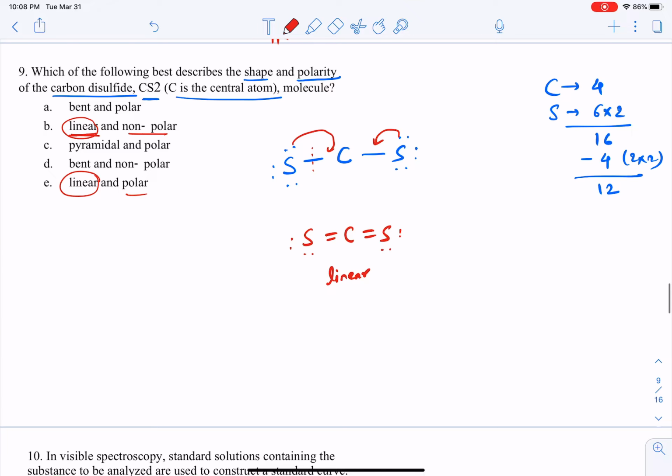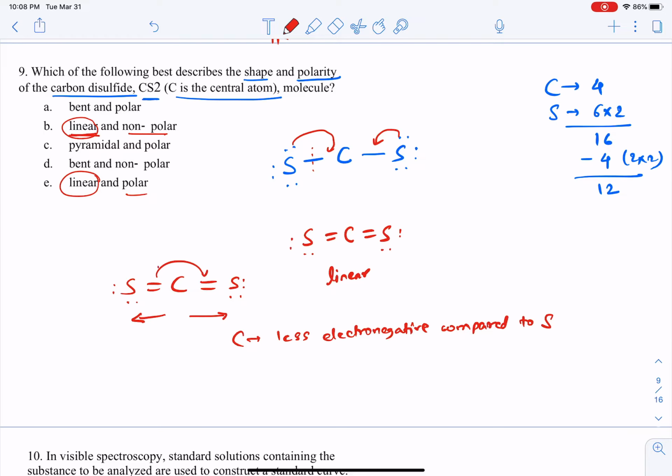If something is linear, consider here, I am drawing it again. We know that C is less electronegative compared to sulfur. So there will be a charge moving in this direction and in this direction.